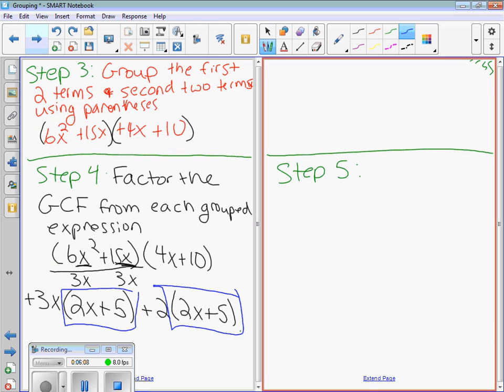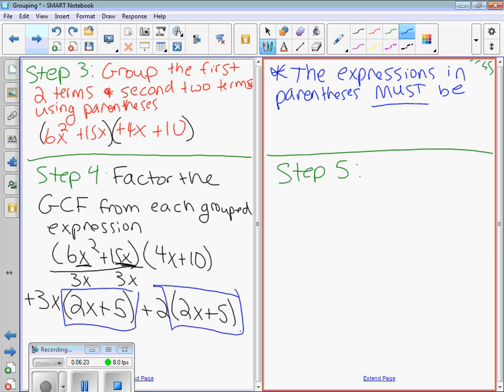That is something that is important. The expressions in parentheses must be the same. This is another good time to pause the video and take some notes.